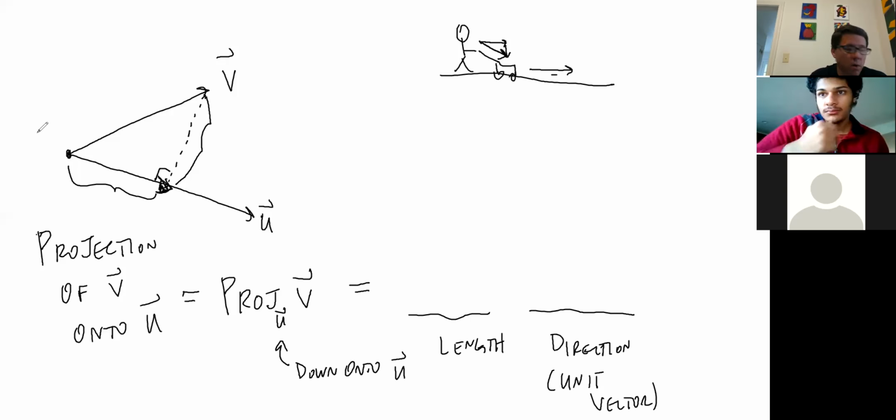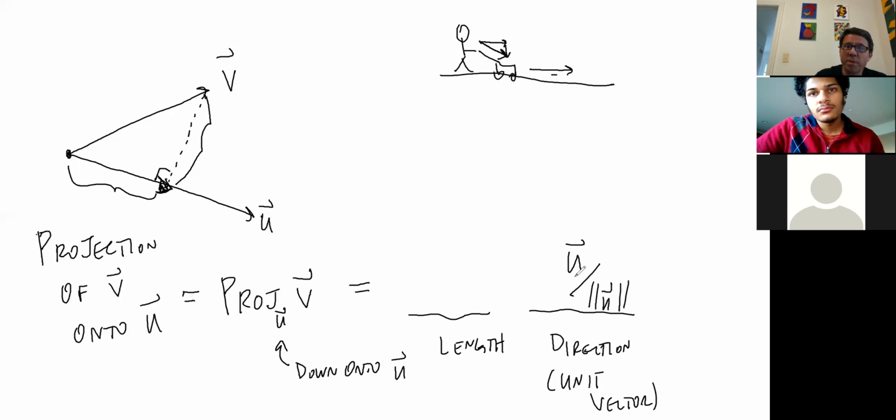This was one we have already done. The direction of U is I take U, which is not quite a unit vector yet, divided by its length, and anytime you divide by a length, it becomes a true unit vector. So we get part of our formula.